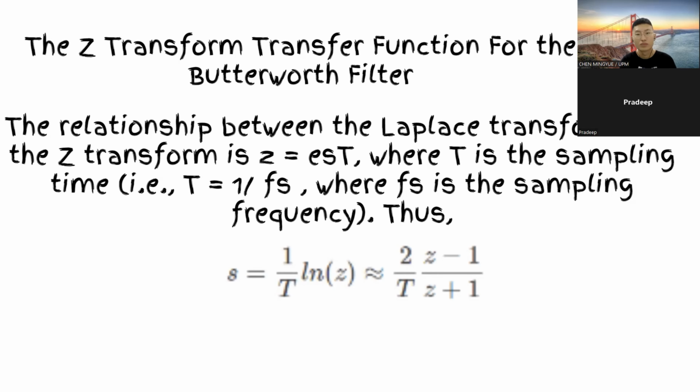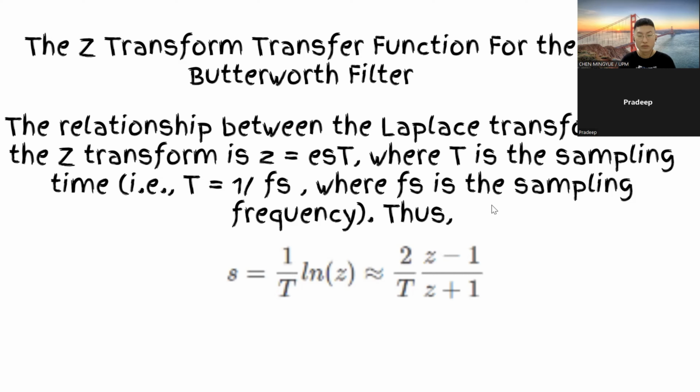The Z transfer function for the Butterworth filter, I'll be talking about this right now. The relationship between the Laplace transform and the Z transform is Z equals e to the power of sT, where T is the sampling time. For example, T equals 1 over Fs, where Fs denotes the sampling frequency.